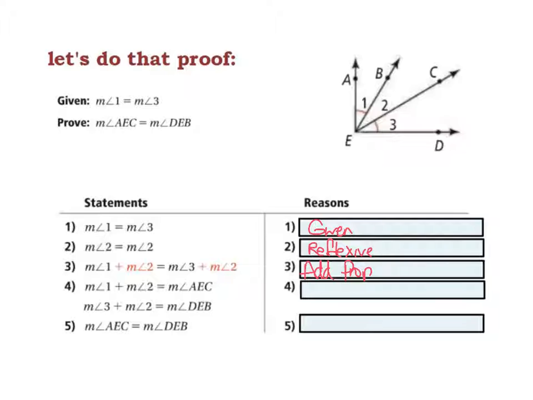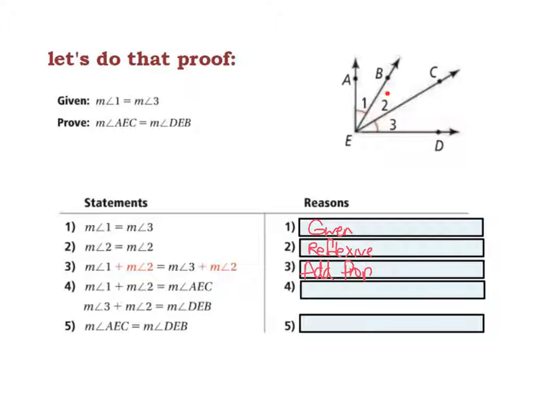All right, now what? Let's look at this. The measure of angle 1 plus the measure of angle 2 is going to be equal to the measure of angle AEC, right there. Add the 2 little ones, it equals the big one. Do you remember that from previous chapters?